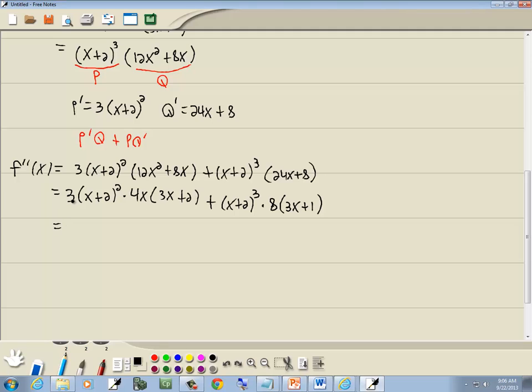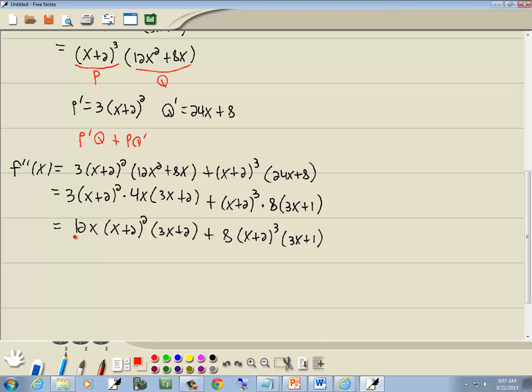Well, 3 times 4 is 12, and I'll put the x out in front, and then x plus 2 squared times 3x plus 2. Here I'll put the 8 out in front, and then we've got x plus 2 to the third power times 3x plus 1.